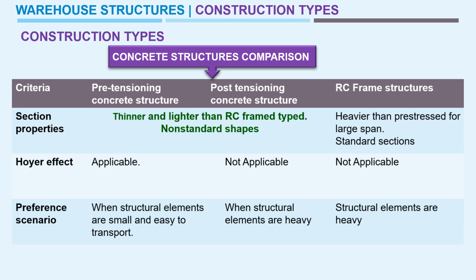So this is possible with pre-tensioning concrete structures, and this helps transfer the pre-stress from the tendon to the concrete. So it will optimize the sections of the concrete members.